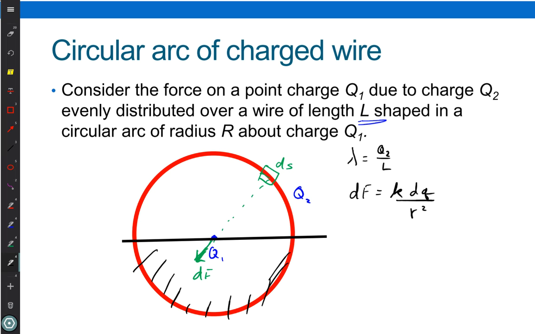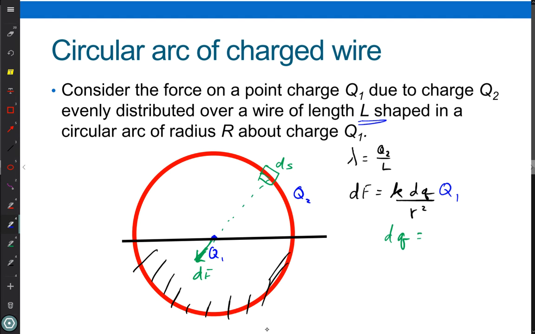There's my starting equation. But what is dQ for this situation? Go ahead. If you're doing dF, don't you actually have another Q? I do. You're right. I have the Q1. I wrote dE, which for your homework is what you're going to be doing. Okay, so thank you for the correction.